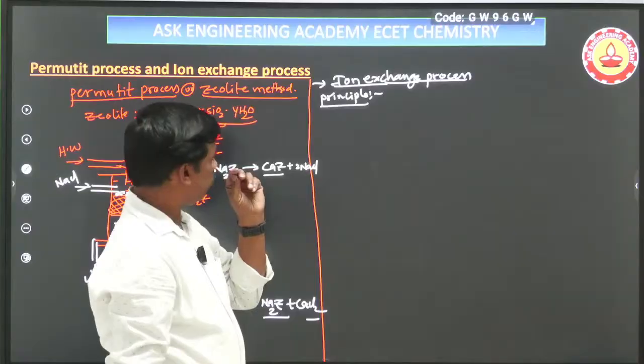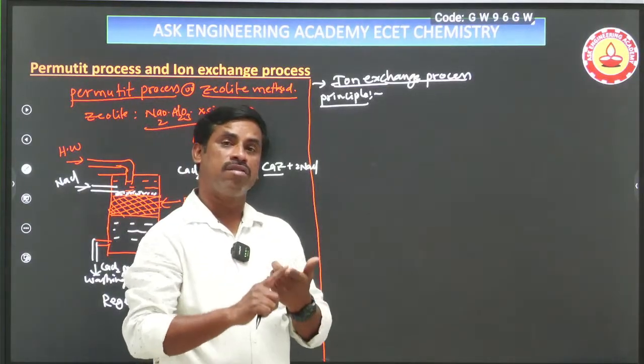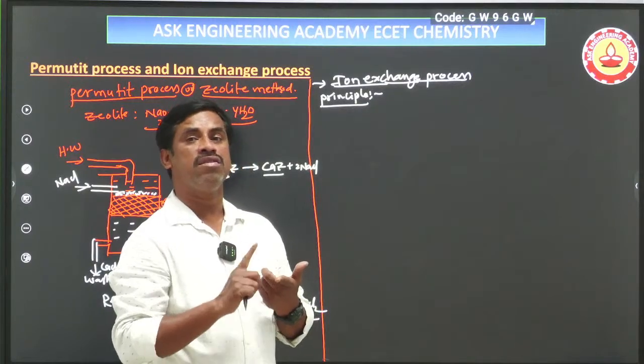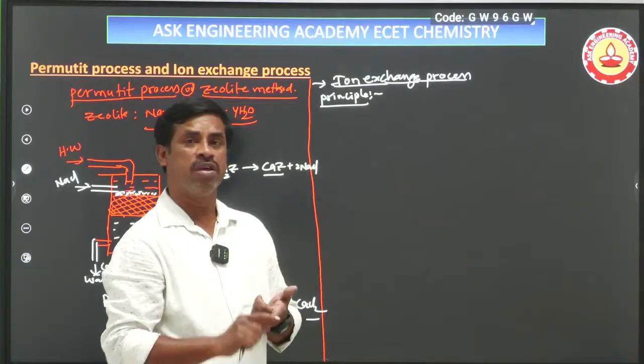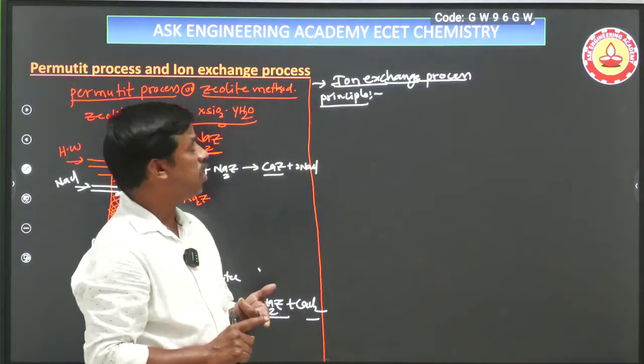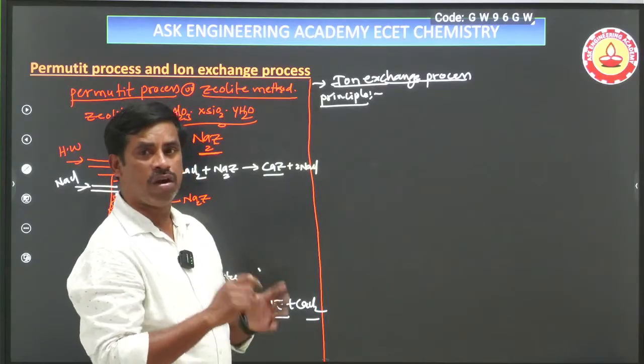Once again I am repeating, in the ion exchange process, long chain cross-linked organic resins or polymers are used which contain polar functional groups. These functional groups can exchange hardness causing cations and anions from the hard water.